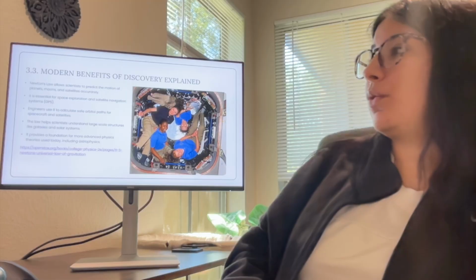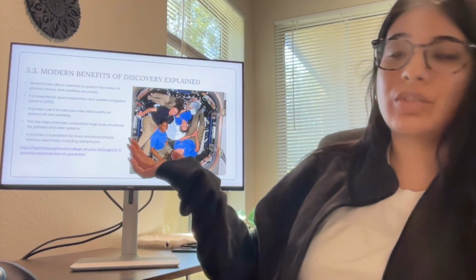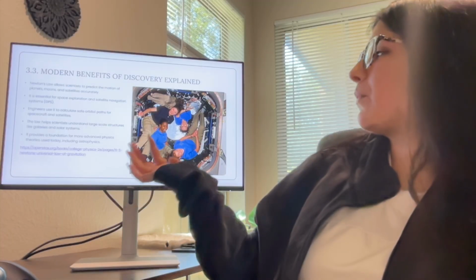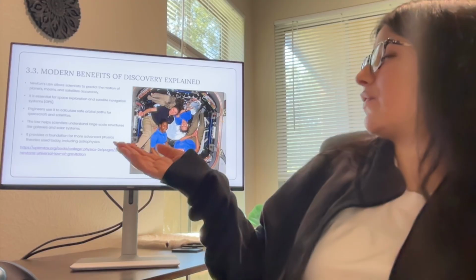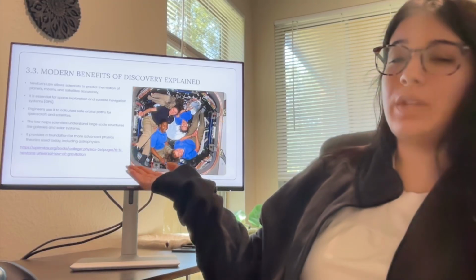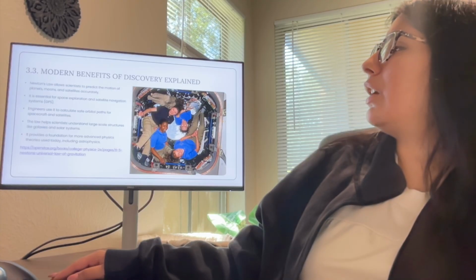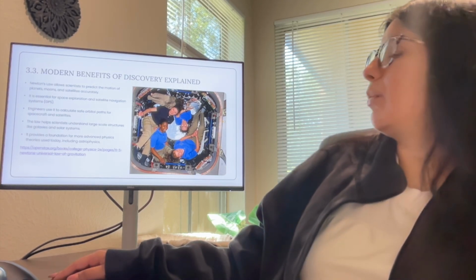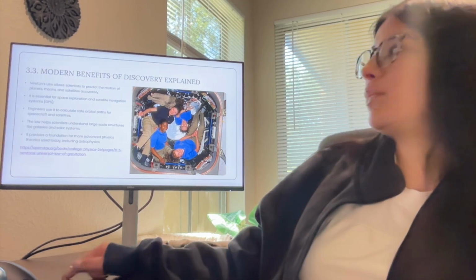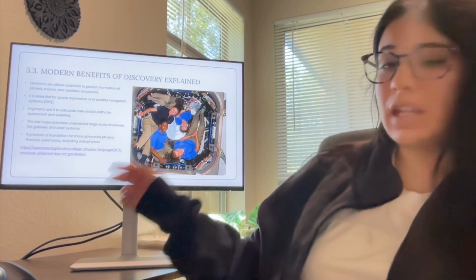It also helps us understand galaxies and large structures in space. It provides a foundation for more advanced physics theories used today, including astrophysics. So Newton's law allows scientists to predict the motion of planets, moons, and satellites.